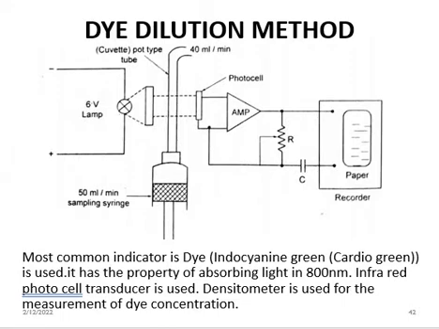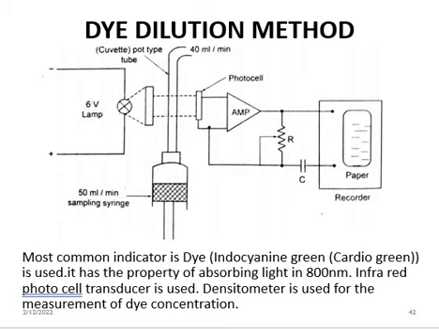In this dye dilution method, dye is injected into the veins, and that blood is allowed through an absorbing channel. It can be a tube or some form of glass, whatever it can be.